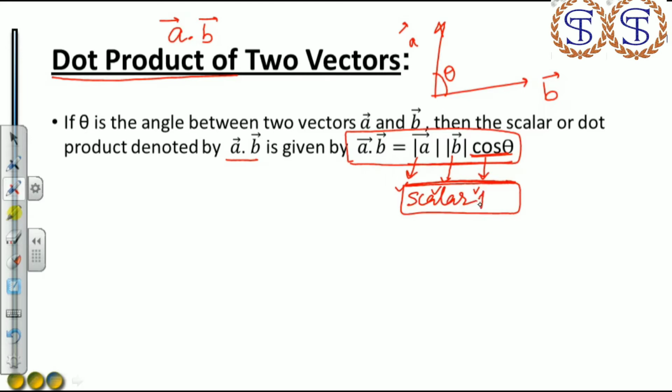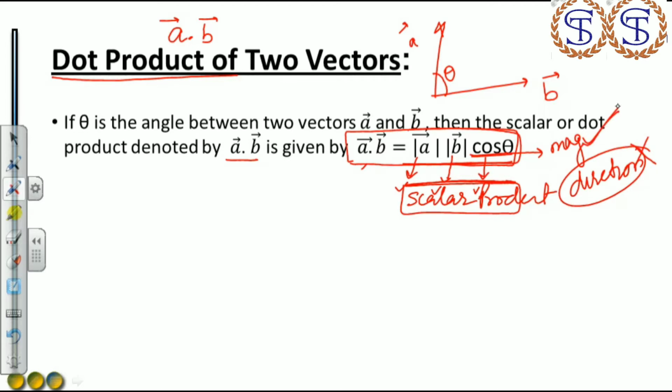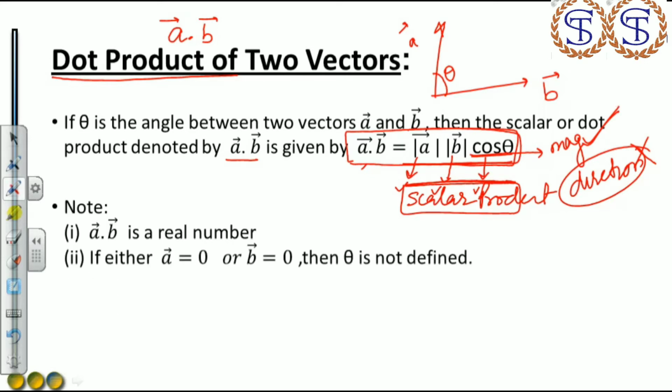That's why it is known as a scalar product. Why is the dot product a scalar? Because in this product there is no use of direction. We are not mentioning the direction, it has only the magnitude. Because direction is not given, it is a scalar product.